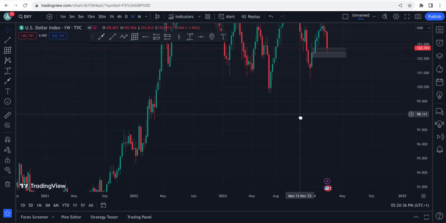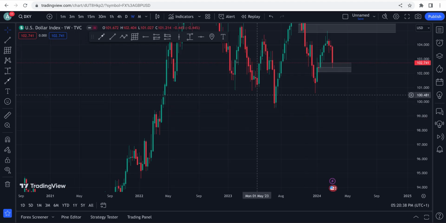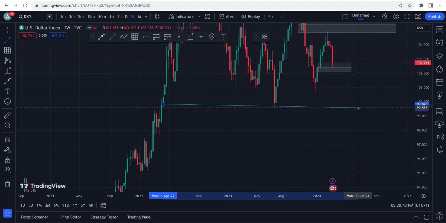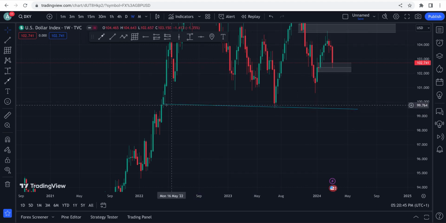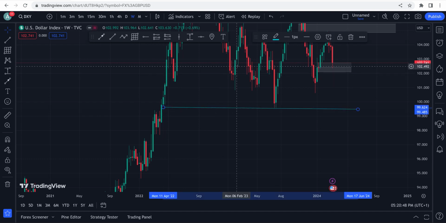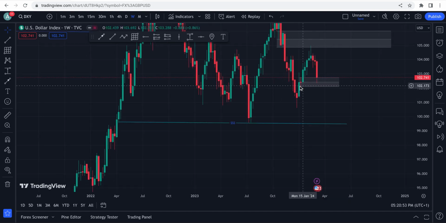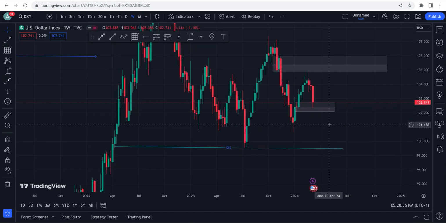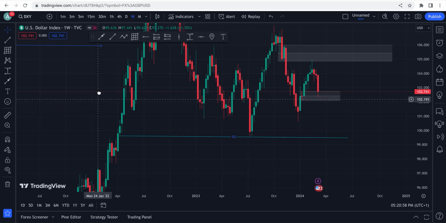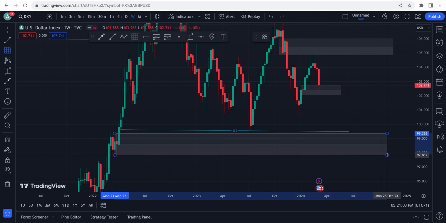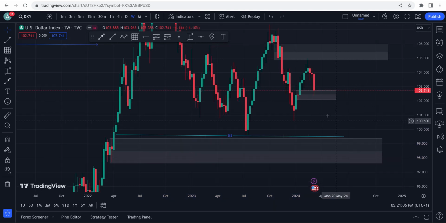After that, you still have some liquidity here, below the zone. Here's the liquidity below the zone, and that's all for the weekly time frame. Below the zone, there is our weekly demand zone again. Can you see that? Yes, on this weekly time frame. So let's move to the daily time frame.